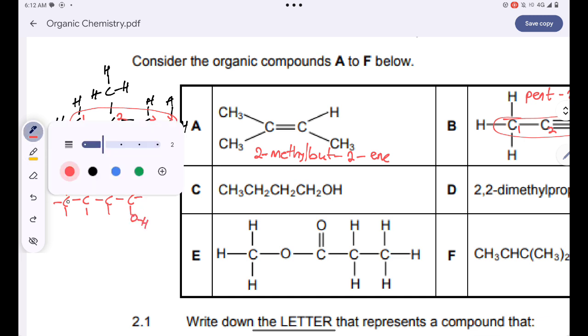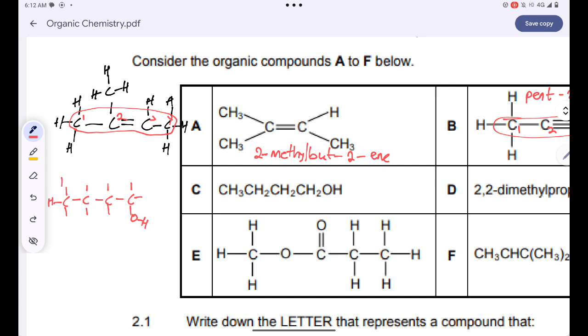All I have to do is to just write the hydrogens there. I can see that, guys, I'm dealing with an alcohol, and the type of alcohol I'm dealing with is a primary alcohol. Why is it primary? Because the functional group of alcohols is bonded with the carbon which is at the terminal.